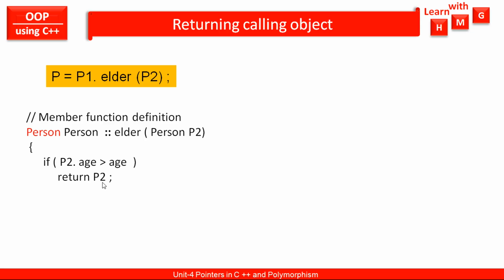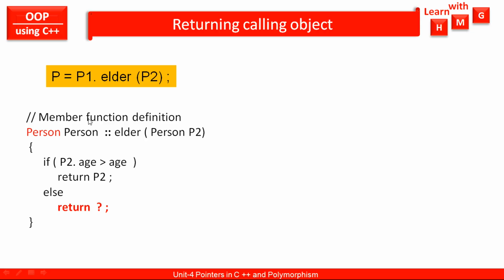Now if this condition is true, then the age of the P2 object is greater, so return the P2 object. Else the age of the P2 object is smaller than the age, so this age is greater, which means you have to return this object. Which object? The calling object. But how to return the calling object? That is the question. In the else part of the return statement, I cannot write return P1, because in the calling portion of the program, P1 is calling the elder function and P1 is acting as the calling object.